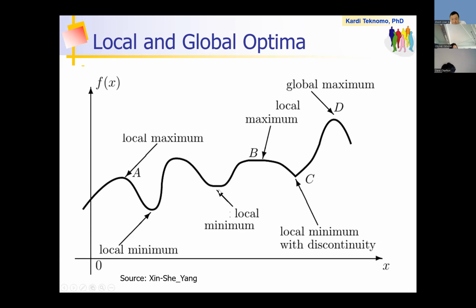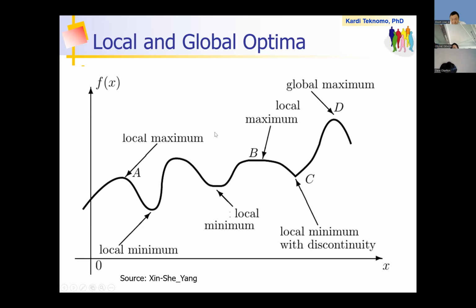If you use a gradient method, for example, Newton method, or using Excel, which usually uses gradient method, what happens if you start from here? It will be trapped in the local maximum or local minimum. So you may not get the actual global maximum or global minimum, depending on your starting point.